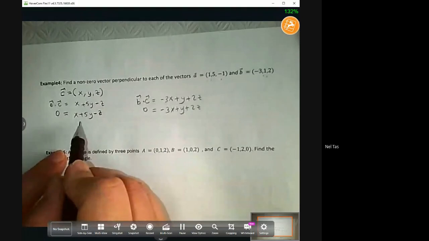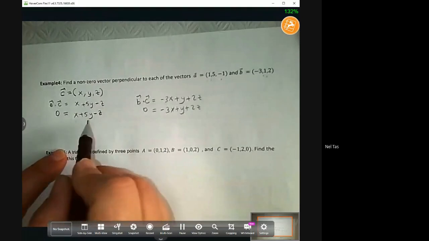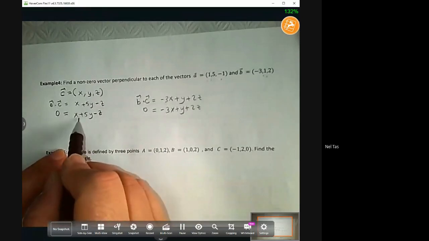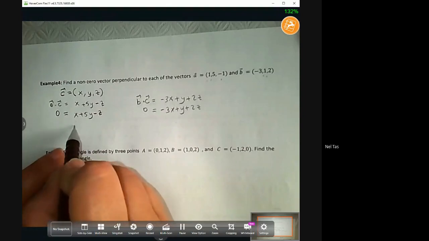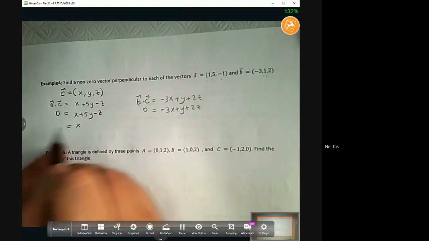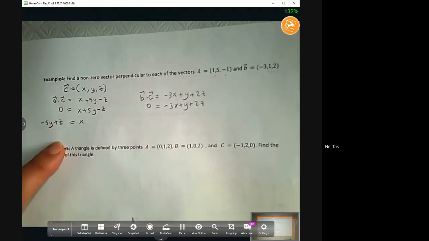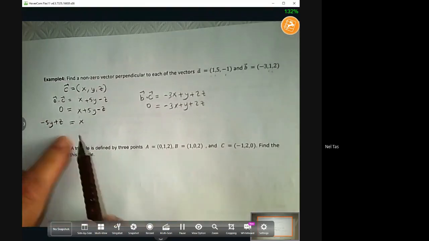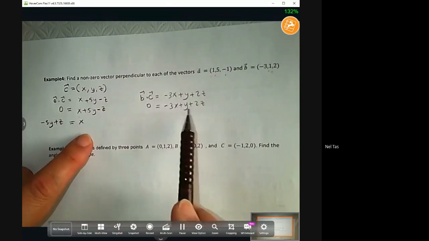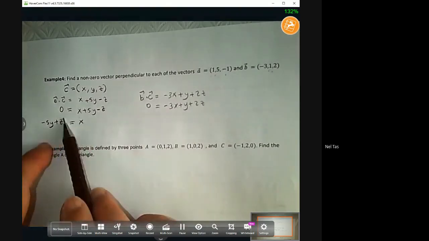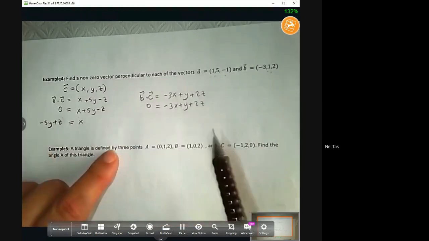From the first equation, you can isolate one of the variables. Let's say we isolate X from here. So negative 5Y plus Z equals X. Okay, so I'm going to take that and substitute this negative 5Y plus Z for X in the second equation.